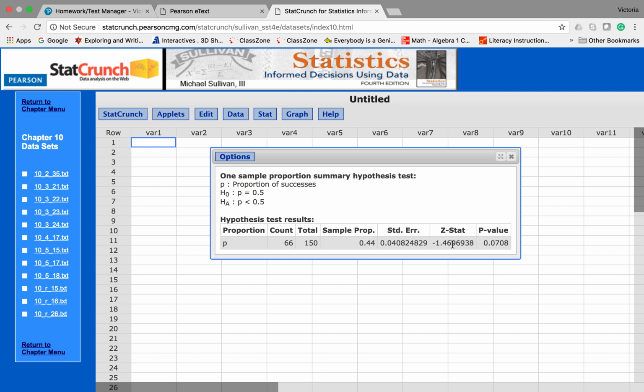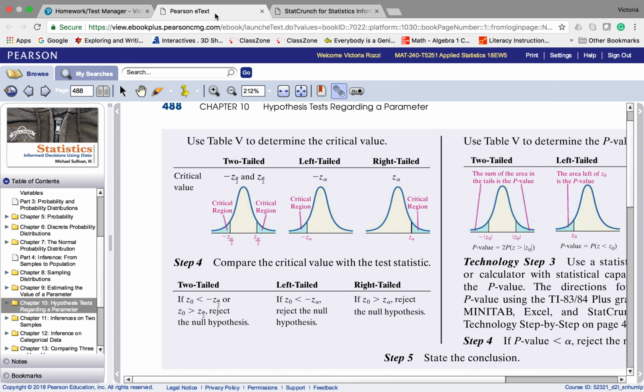So we're going to have one more little step here to figure out what our rejection region is. Now, what I want you to remember, and I have my text out here so I can show you the pictures, here's how you determine your critical value, okay? Whatever alpha happens to be is going to be the area in the tails here. If we have a two-tailed test, meaning you have a not equal to symbol in your alternative hypothesis, the critical region is going to be both sides here.